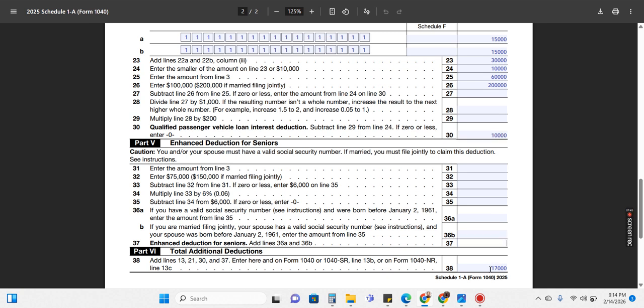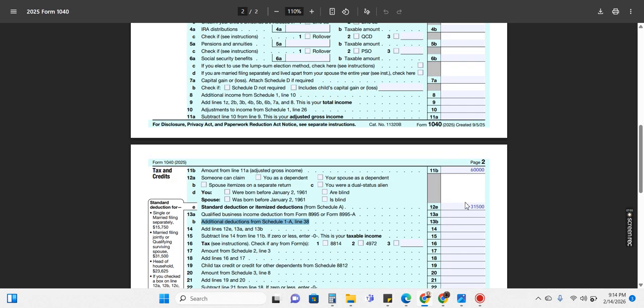So for total deductions, if we add lines 13, 21, 30 and 37, we have a total of 17,000. This 17,000 we can deduct here. So we write 17,000 here. We have 60,000, 31,500, and a deduction of 17,000.